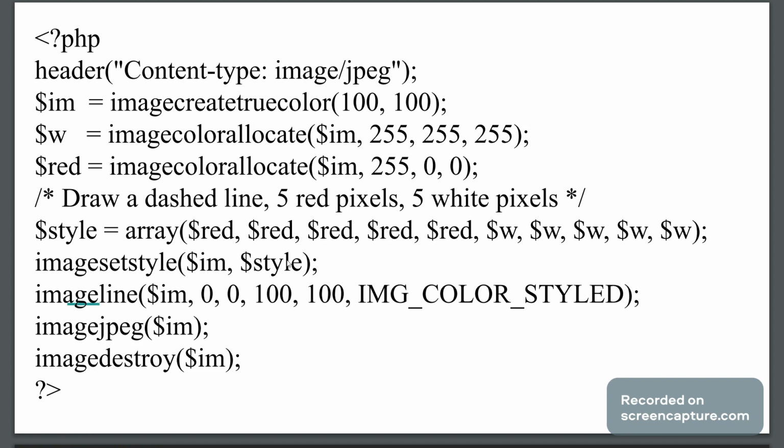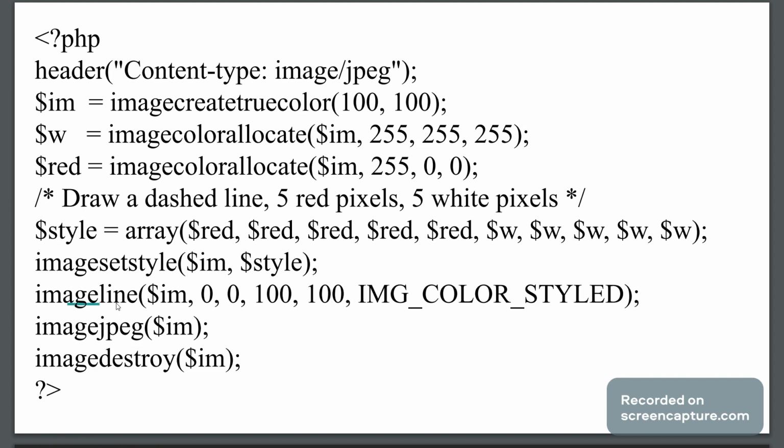So style is the array of the colors with 5 red and 5 white pixels. The imagesetstyle function is used to set the style for the image, and the style which we have created in the style variable will be passed to it.